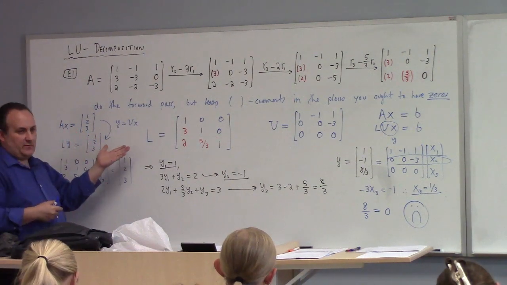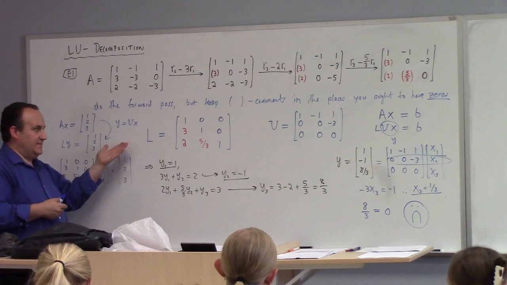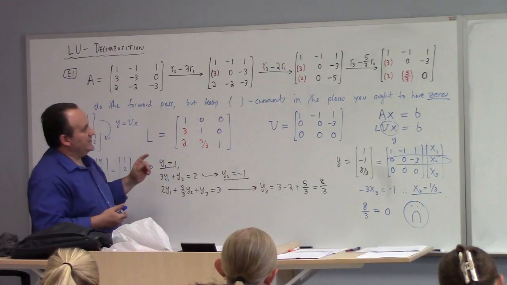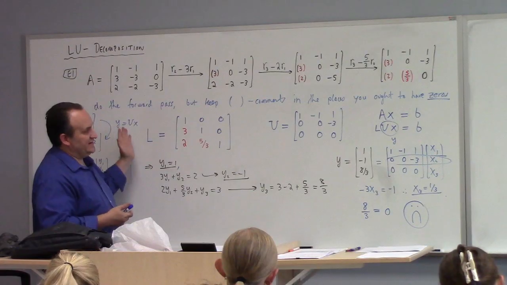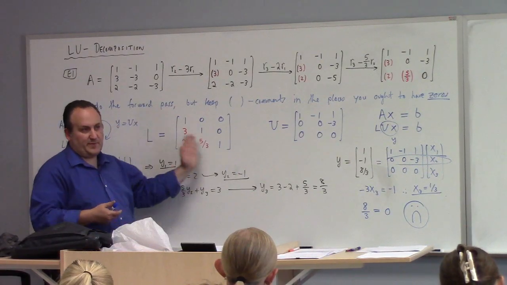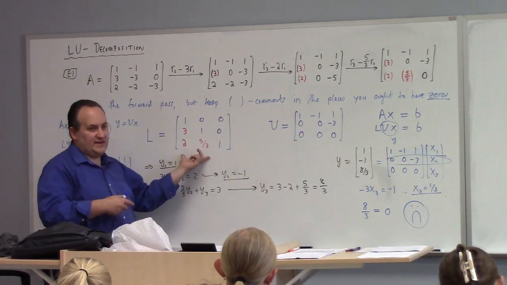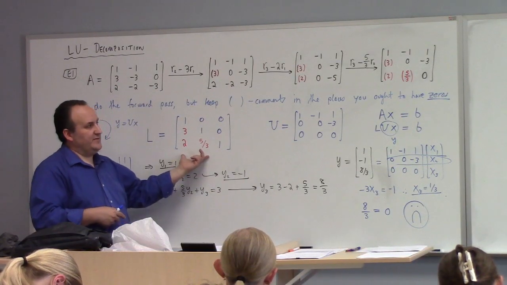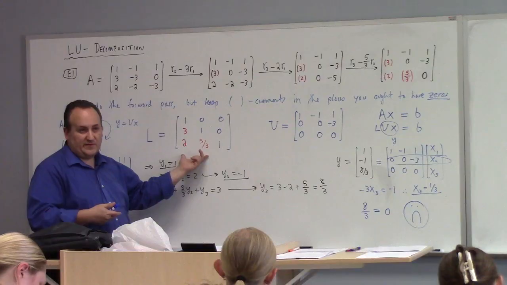This just has to do with the forward pass. The structure of the L matrix just has to do with what's required to make the forward pass. This pretty much encodes everything we did for the forward pass, right? And we don't even have to do the backwards pass to find the LU decomposition, which is kind of neat.